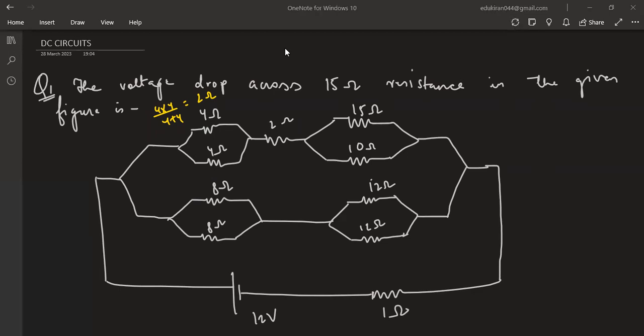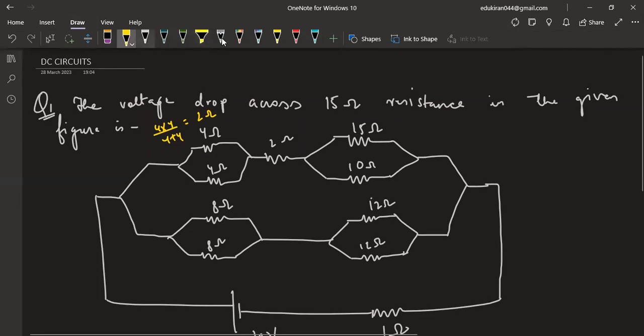No, Krishna, I think same thing, error in your current. So this part is 2 ohms. Similarly, this part also. When I resolve this part, it will be 4 ohm. This part is going to be 6 ohms.